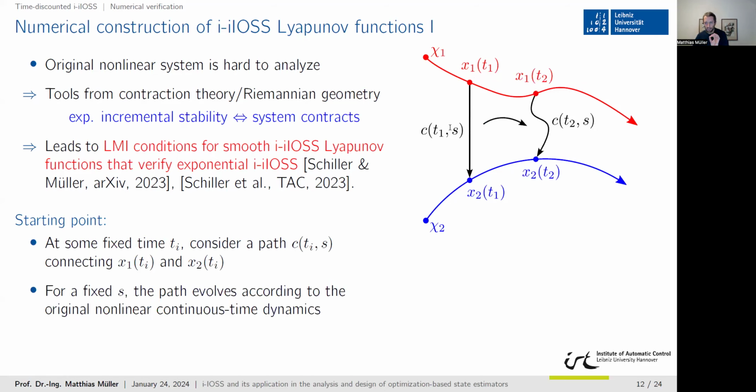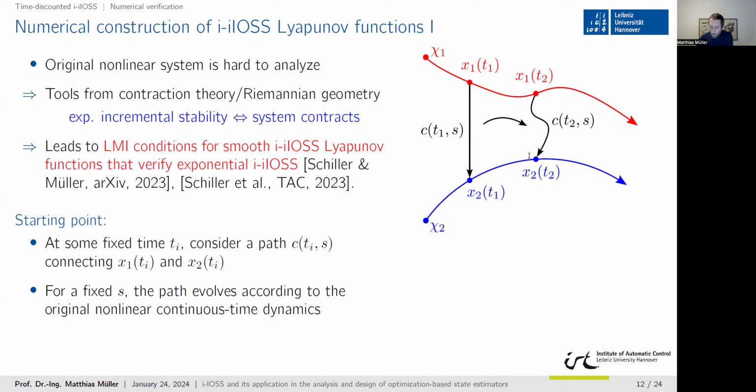Now, for a fixed path variable s, this point on the path evolves in time according to the original nonlinear continuous-time dynamics, here depicted in this cartoon for a time t2. And due to the nonlinearity of the system, even if I start with a straight line here, this results in some curved path in general.